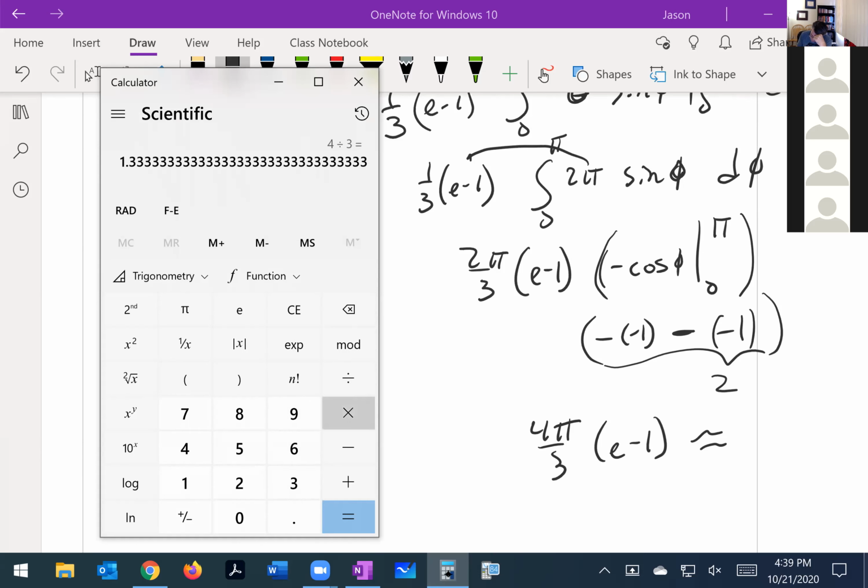Times pi, times, parentheses, e to the first power, minus 1, close parentheses, equals, and that's about 7.19.